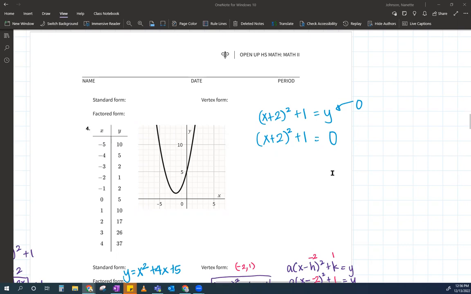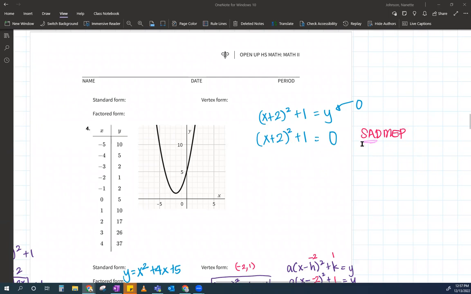Yeah, I'd subtract 1, right? We're SADMEPing, guys. You remember SADMEP? SADMEP goes like this. Start on the x side. Do you see any subtraction or addition? SADMEP is PEMDAS backwards, in case you're new or you forgot. So is there any subtraction or addition on this side? Yeah, there's addition, add 1. Some of you are like, oh, but Ms. Johnson, that plus 2, but it's stuck in parentheses, right?